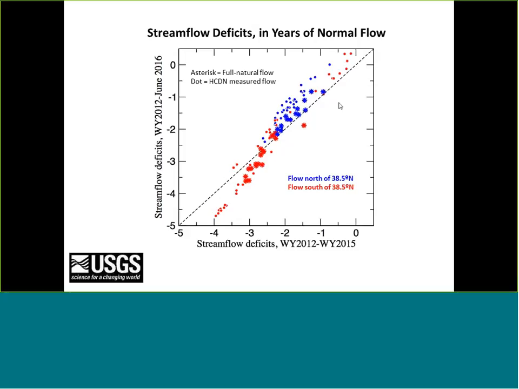Places that were really in the tank, and that's largely Southern California, just continued their slide. A dot like the very lowest one there is at -4 over the 4-year period, so virtually no stream flow, and then it dropped down to almost 5 years, so it just added another no stream flow year into the mix. Okay.